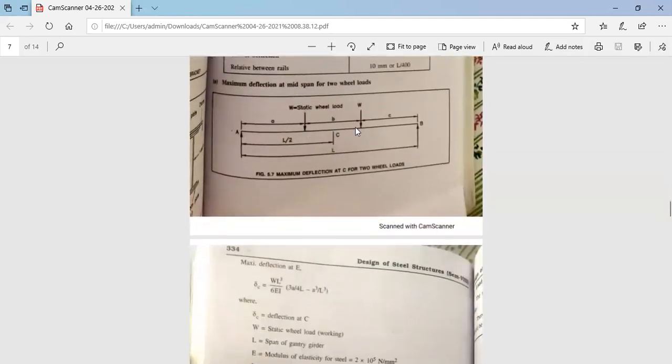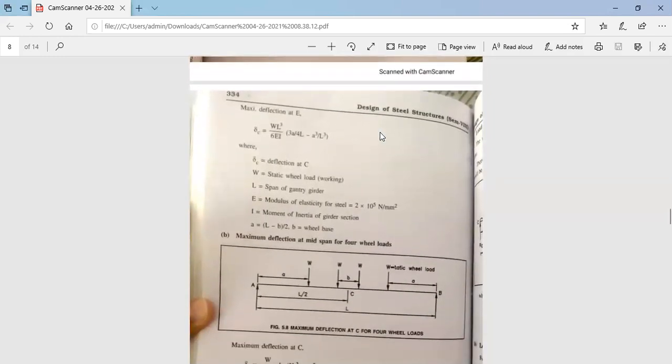Here is the maximum deflection at mid span for the two wheel loads. There are two wheels, with different distances between support and wheel, and wheel to wheel. Here A, B, C are the distances between them. Total distance is L and half distance is L by 2.